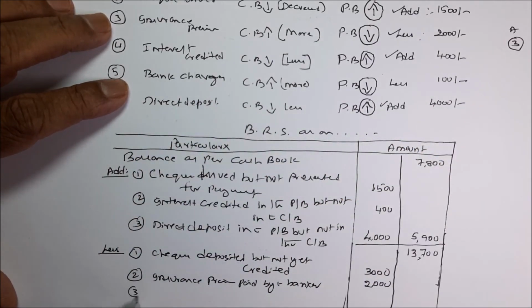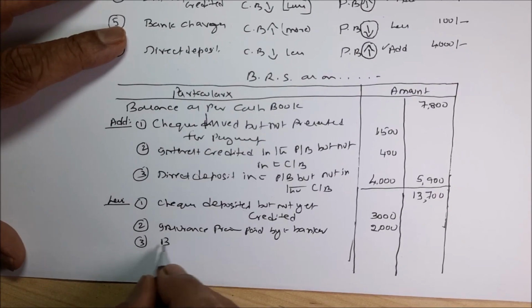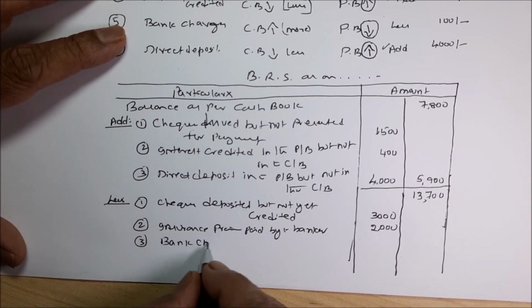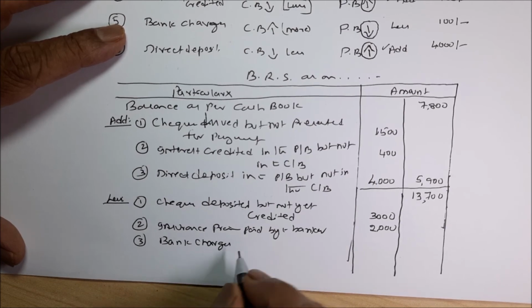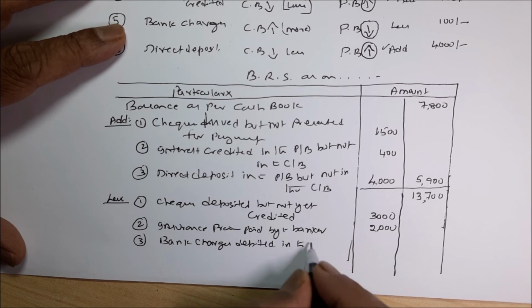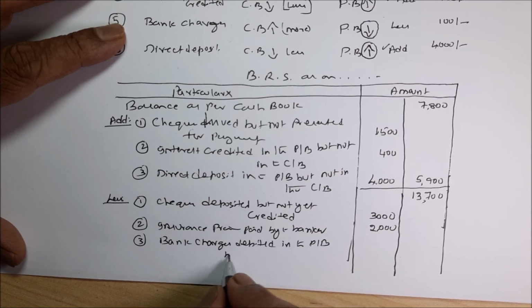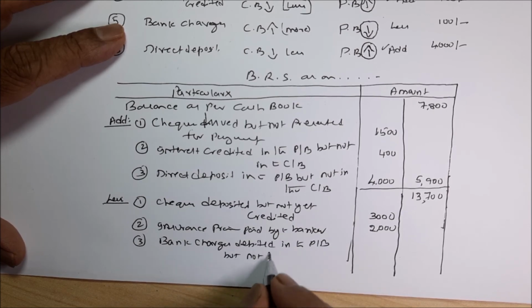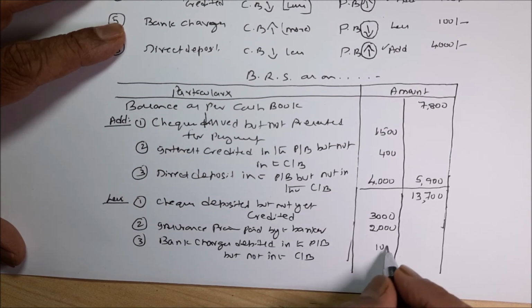The third one, bank charges debited in the passbook but not in the cash book, 100.